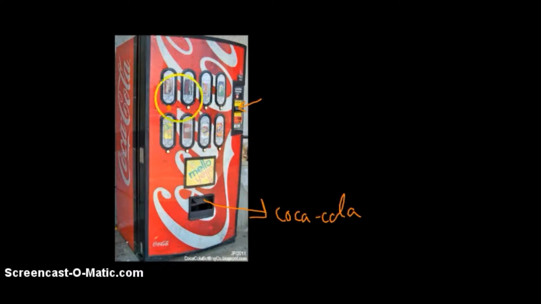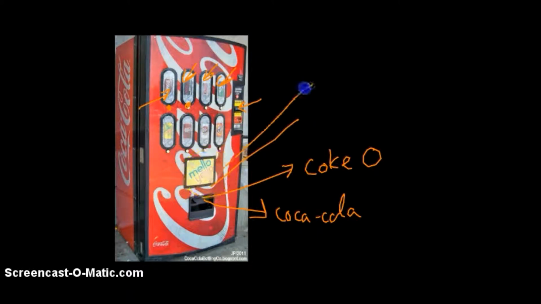So we input this command of this button and therefore we get Coca-Cola. If we press the button of Coke Zero, the machine is working, and the output becomes Coke Zero. Likewise, when you press Diet Coke, the output is Diet Coke.